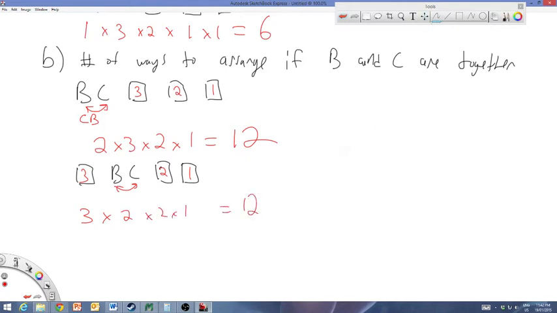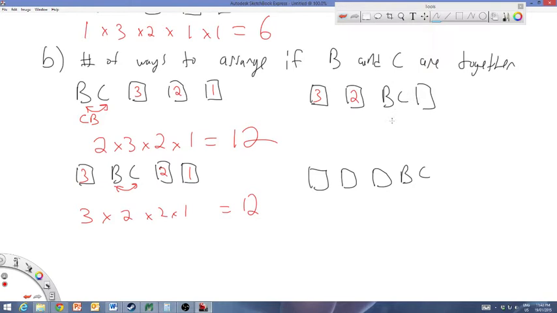Okay. Same can be said if B and C move to the middle, or here. So the first letter is unknown, second letter is unknown, and have B and C in this spot, well, same math. If B and C happen to be the last set, same kind of math. So first letter gets 3 choices, second letter gets 2.